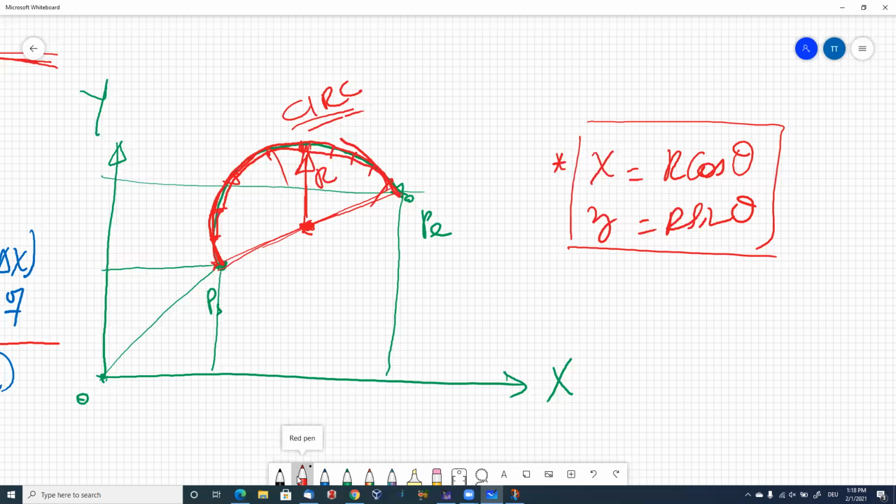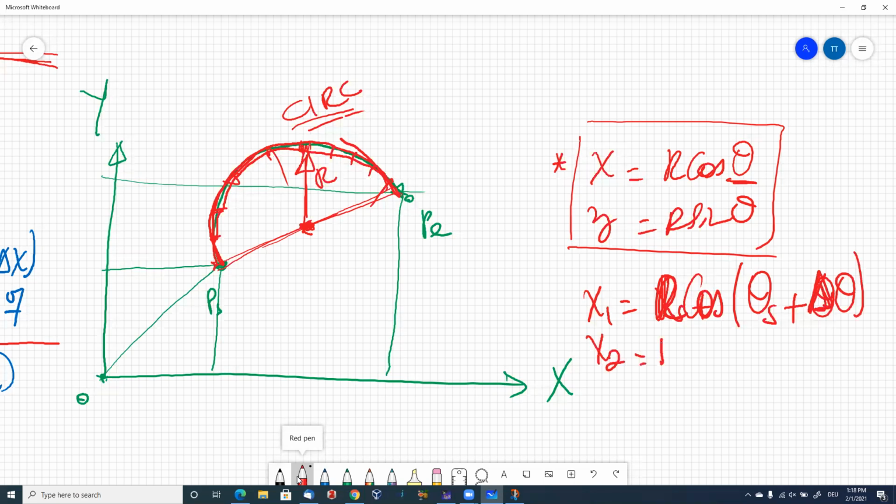So this means that you have theta as the dependent variable. So we say x1 equals x of starting plus radius of the circle cos theta of starting point plus delta theta.